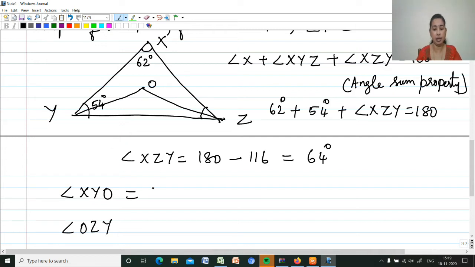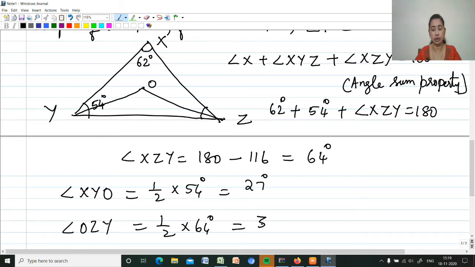XYO will be half of 54 degrees, which is equal to 27 degrees, and angle OZY is equal to half of 64 degrees, that is equal to 32 degrees. So we have to find out how much is YOZ.